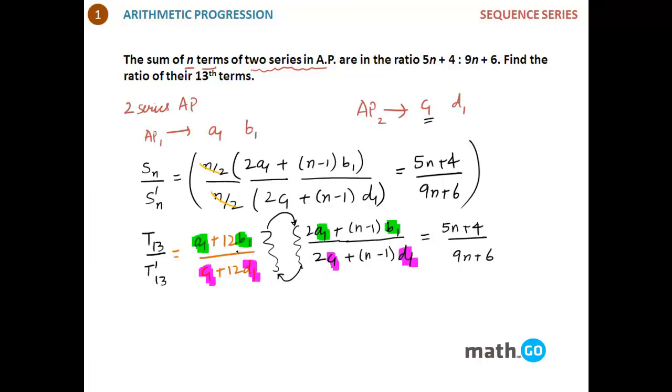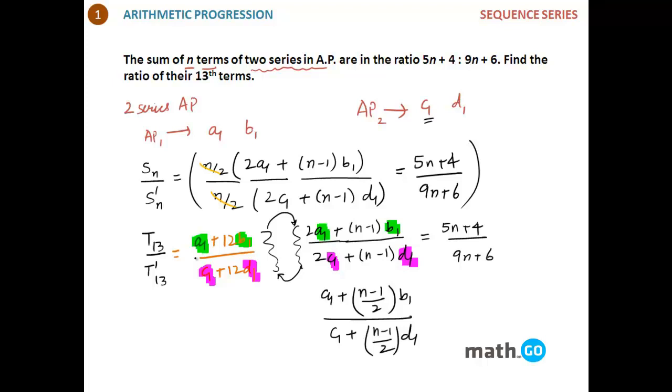The only problem is that here there is no 2, there is 2. Same here, there is no 2 here. Can we divide both numerator and denominator by 2? That's not a problem. Yes, we can. So now this becomes a1 plus n minus 1 by 2 b1 divided by c1 plus n minus 1 by 2 d1, right?